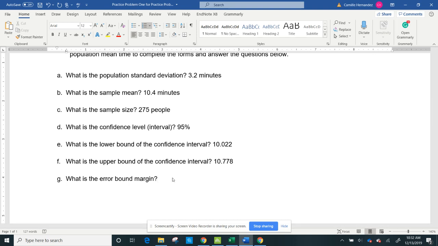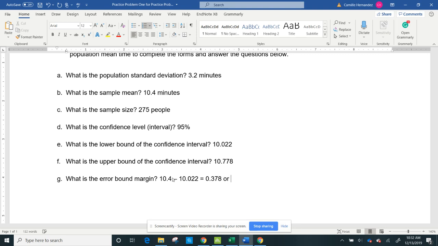The way I'm going to do this is 10.4 minus the lower bound. So I need to solve that, and I'm going to get my calculator out. 10.4 minus 10.022 gives me 0.378.